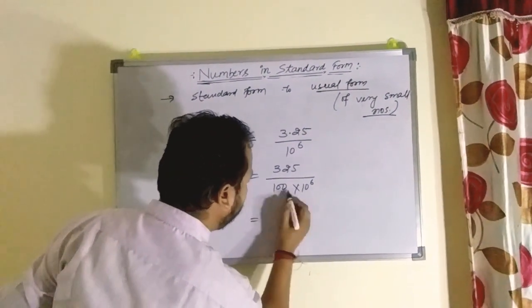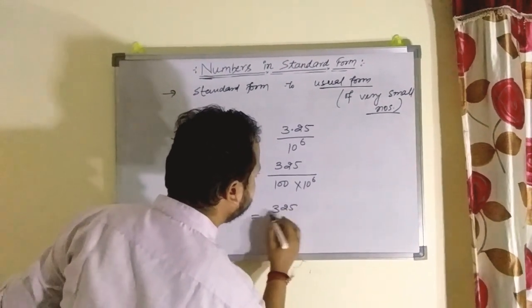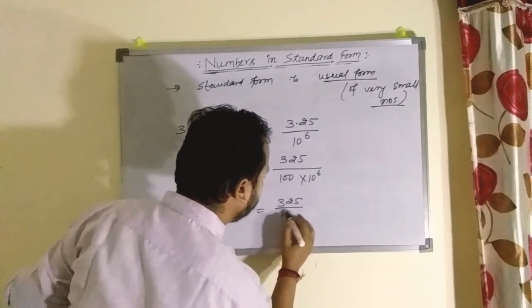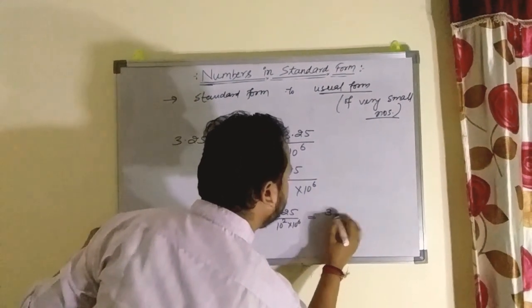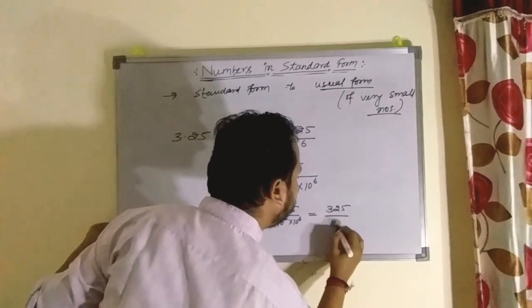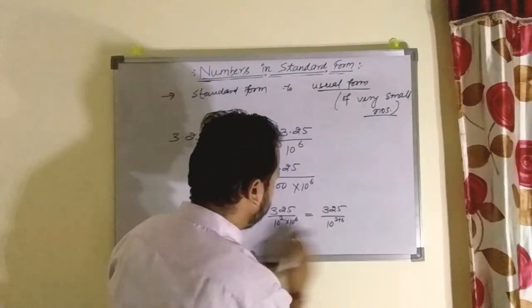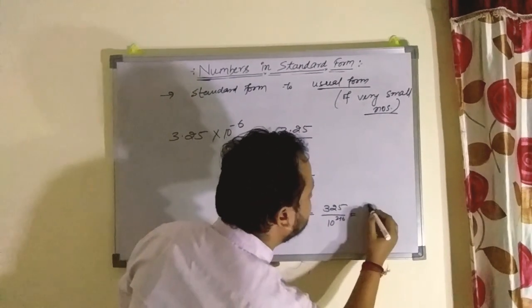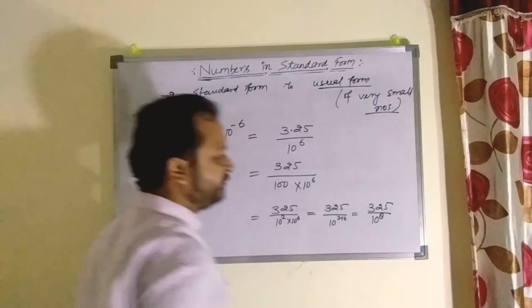So that equals 325 divided by 10 to power 2 into 10 to power 6, that equals 325 divided by 10 to power 2 plus 6. Base is the same, so powers are added. So 325 divided by 10 to power 8.